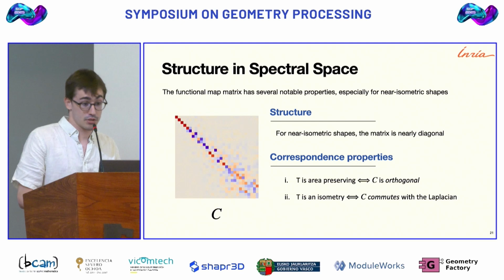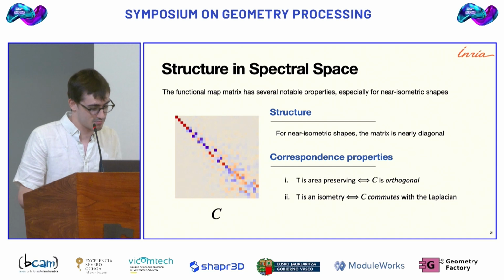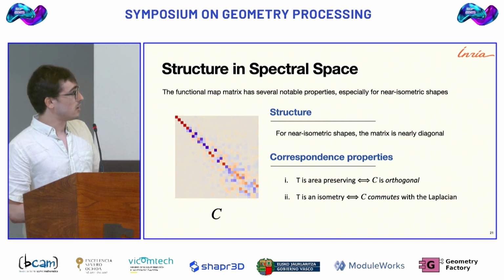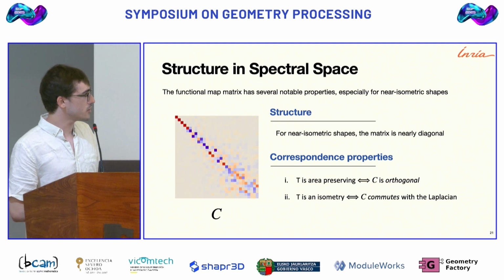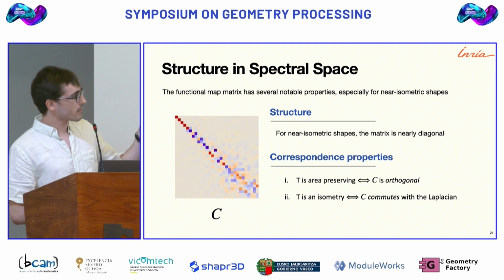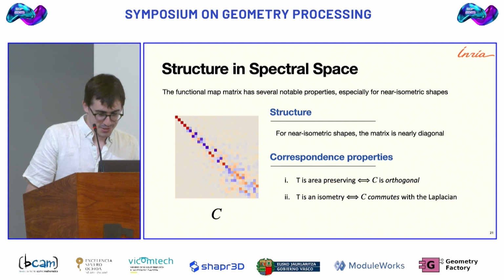And even worse for isometry, because how do you check if correspondences are conformal if you're working with vertex maps? This is actually insanely hard. But you just have to check if the matrix nearly commutes with the Laplacian. I'm not going to go into details on how we get this.